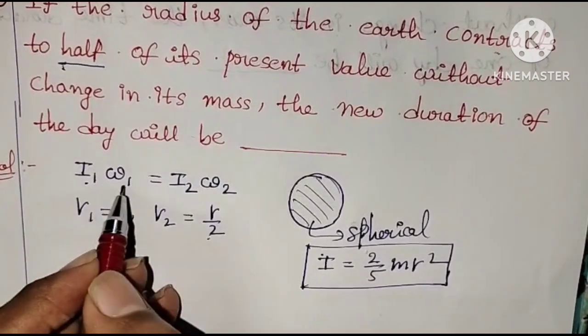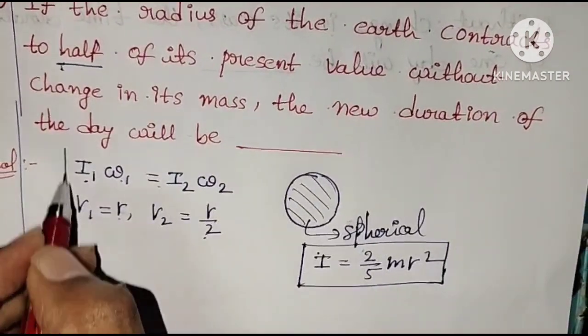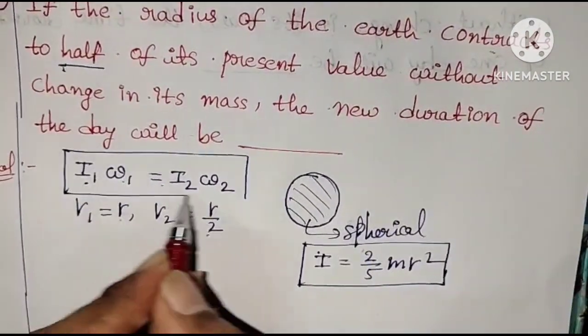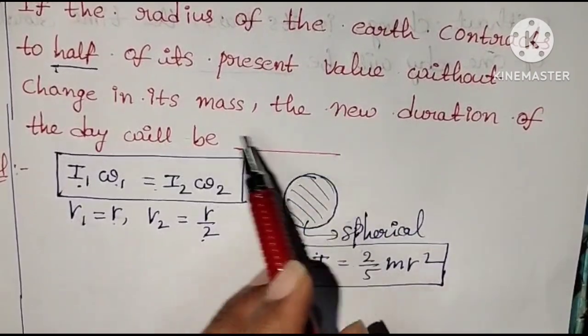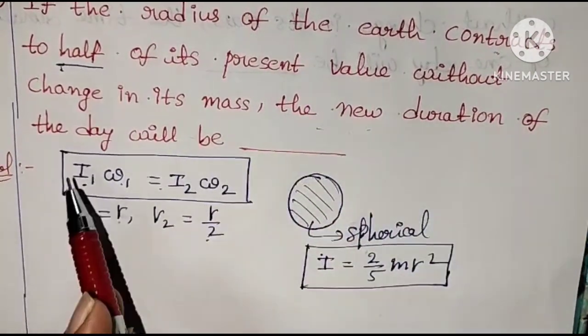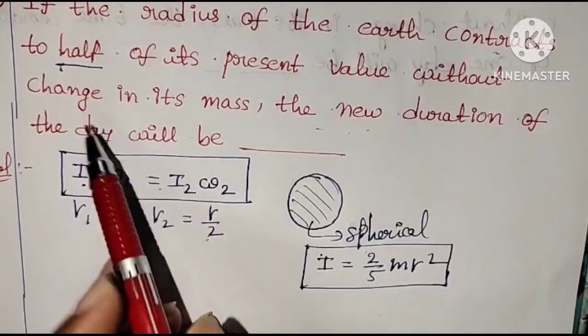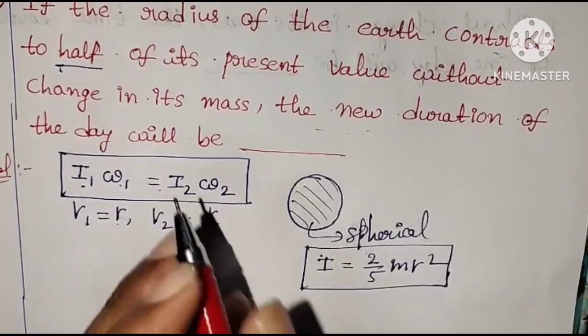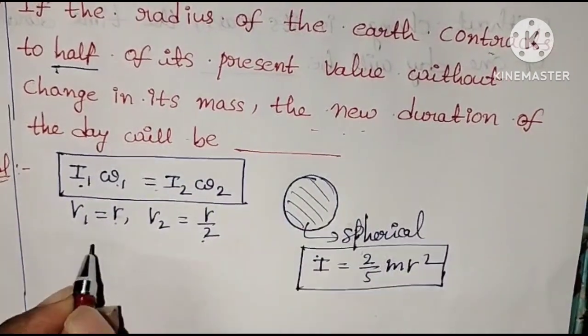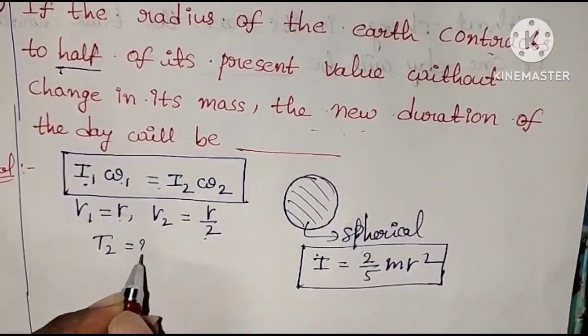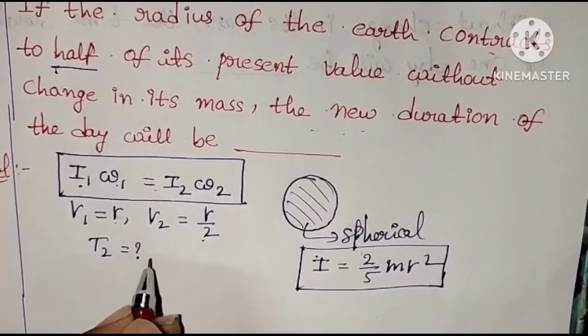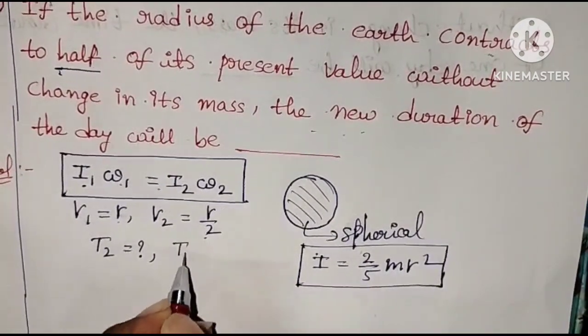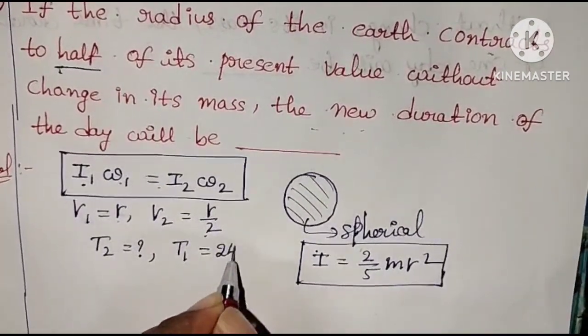So here we have I1 omega 1 is equal to I2 omega 2. We have to find the new duration of day, which means time period. We need time period T2. Generally, what is the time period of one day? T1 is equal to 24 hours.